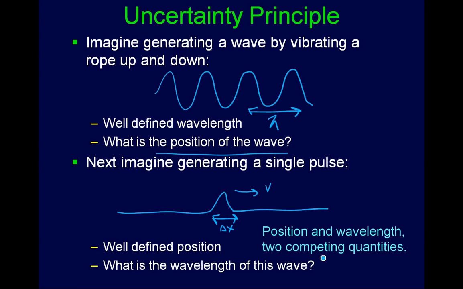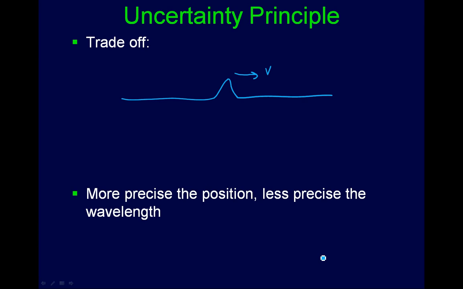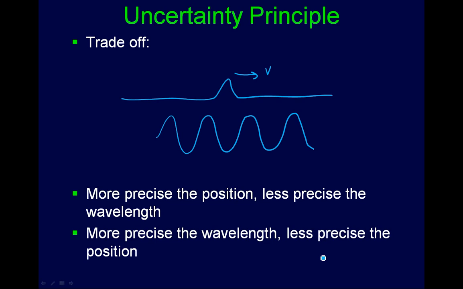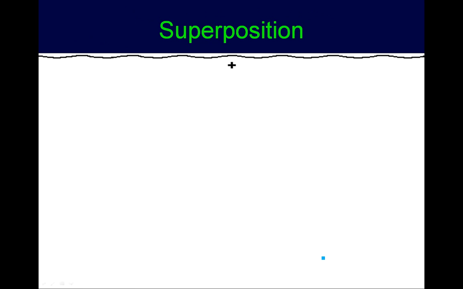And so what happens is with wave phenomena, the position and the wavelength are in general two competing quantities, and there's a trade-off. The more precisely you know the position, the less precisely you know the wavelength, and vice versa. The more precise the wavelength, the less precise the position. And this is true for all wave phenomena. We're going to use it here in quantum mechanics for a particular thing.